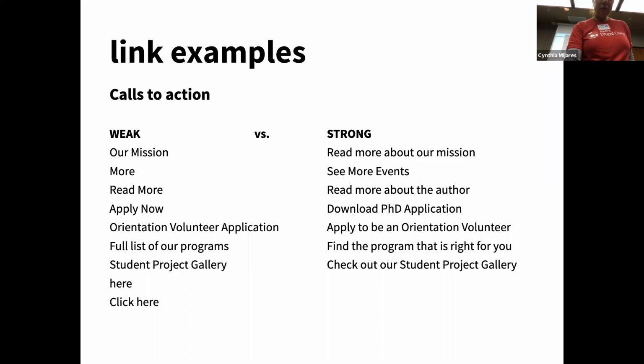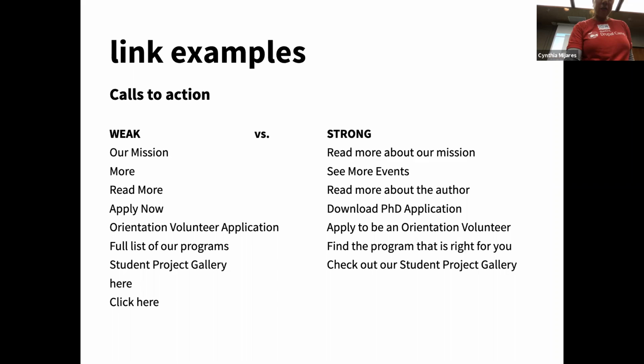Just "more," like "see more events." You'll find that as you go down, there's a common thread that it's pretty specific as to what they're getting. I've seen this now, and I've even used this: "apply now." If you have a page, maybe it's an admission page, and you have "apply now" as a big button, versus "download PhD application."